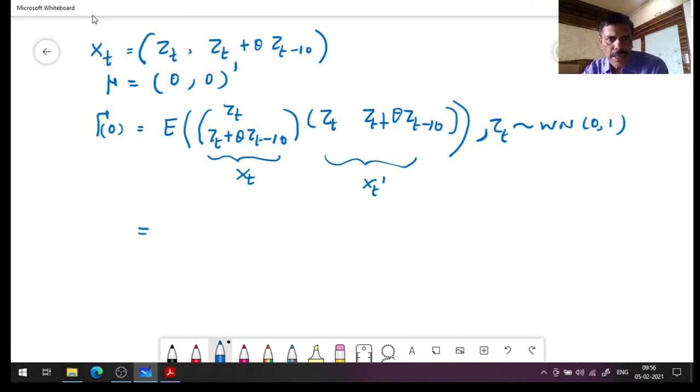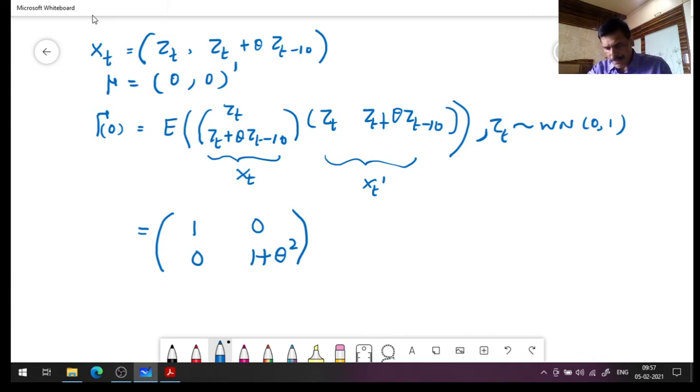Now you multiply, so that's why you get a matrix. zt square is 1, and this multiplied gives 1, and this is 0. Z's are white noise, so whenever the lag is different, you get 0. And in this case, 1 plus theta square. So this is the matrix gamma 0.